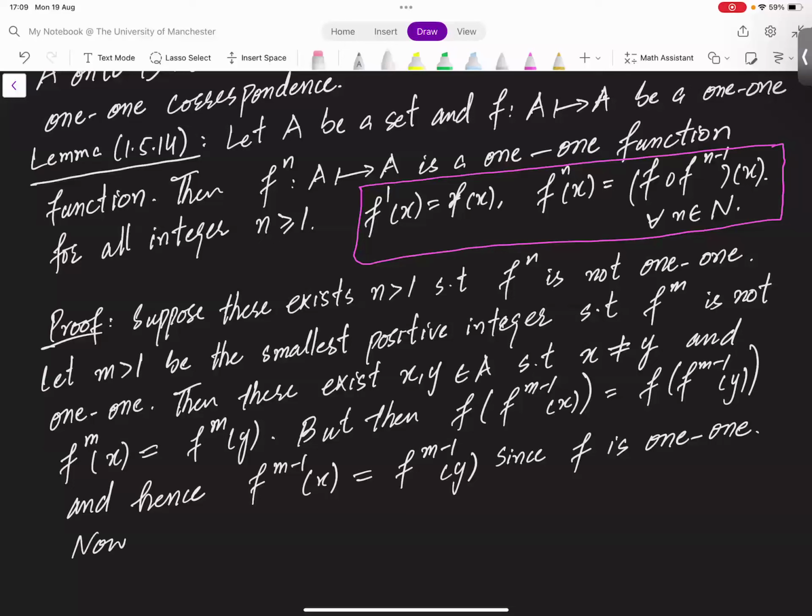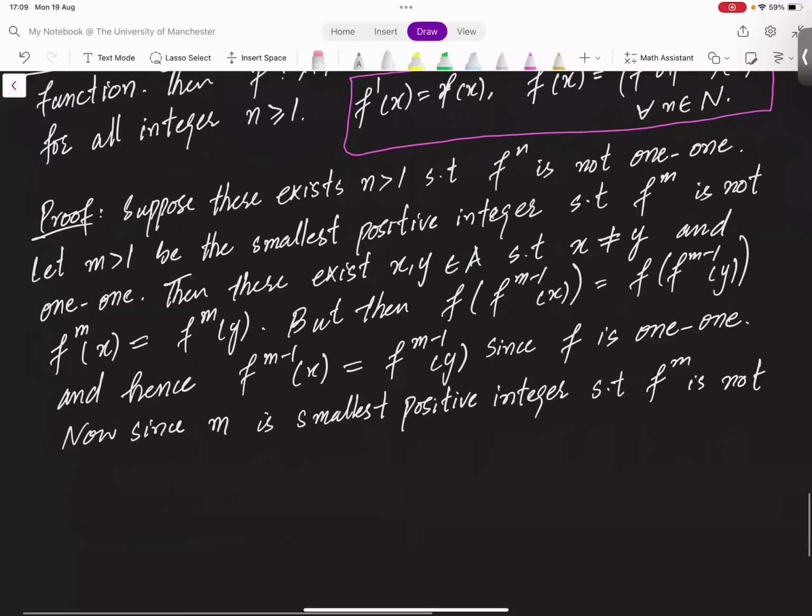Now, since m is the smallest positive integer such that f power m is not 1-1, f power m minus 1 is 1-1.